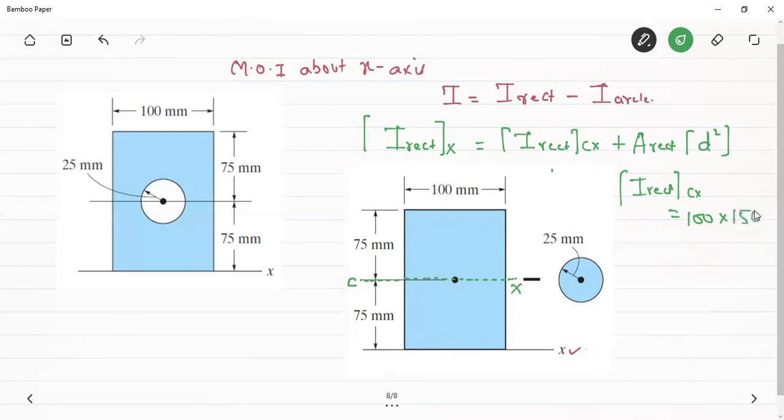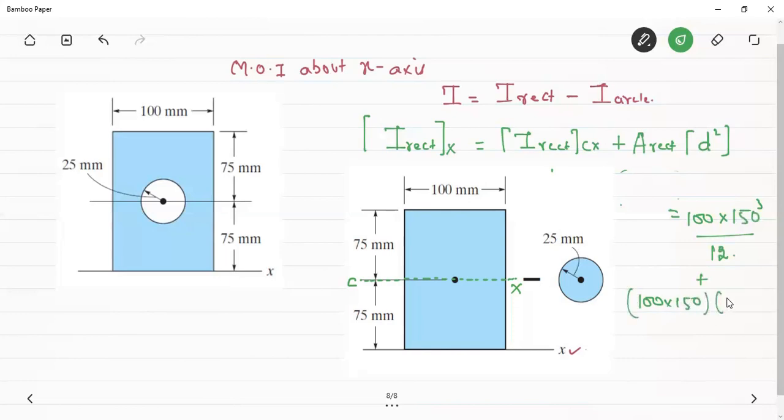Therefore 150 cube divided by 12. Okay, and we have to add the area of the rectangle times the square of the distance between the two axes. The area of the rectangle will be equal to 100 into 150.